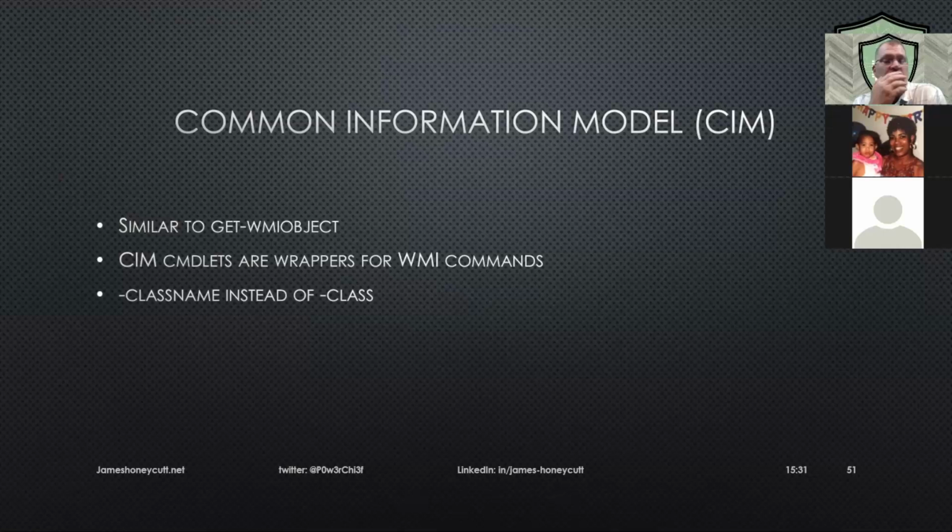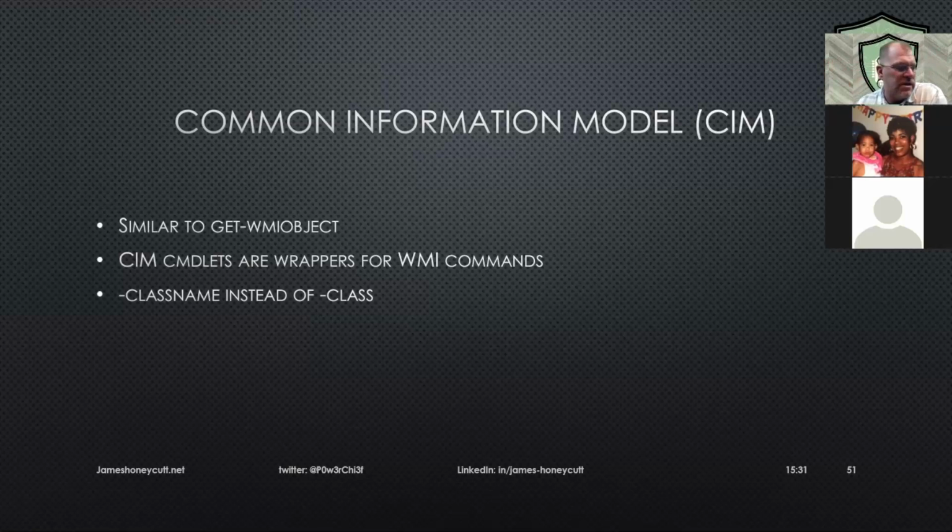But with CIM, we're going to use a class name instead of class. So if you've ever used WMI, you give it a class name, whether it's, oh man, I can't even think of it now because there are so many of them. Win32 class, well, you're going to get a class name of something else.